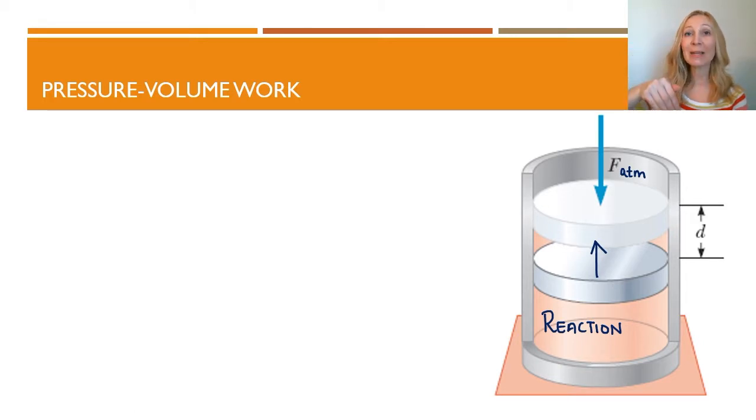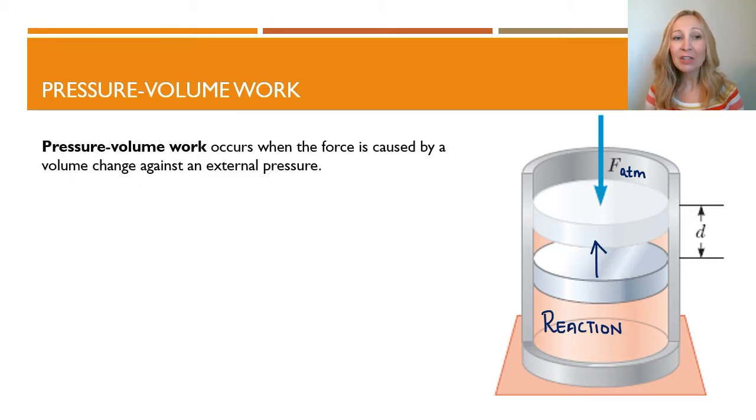Now when it pushes up, it has to push against the force of the atmospheric pressure. So we call this pressure volume work, and this occurs when a force is caused by a volume change against an external pressure. So this is what we would see in terms of work being caused by a chemical reaction.